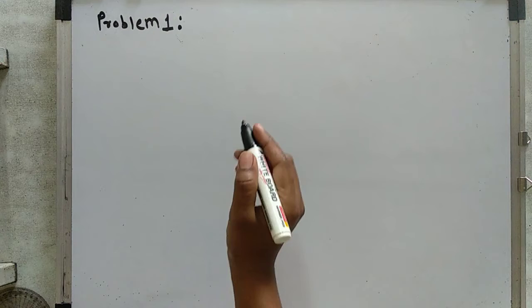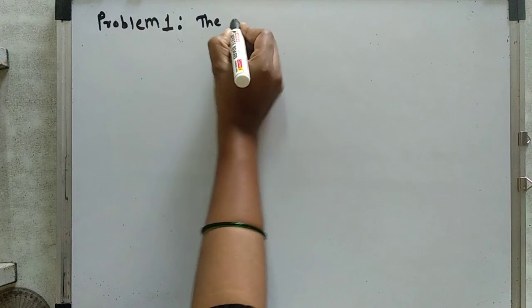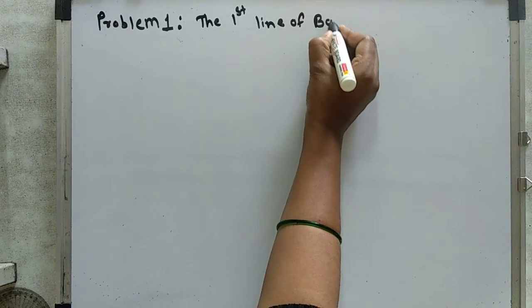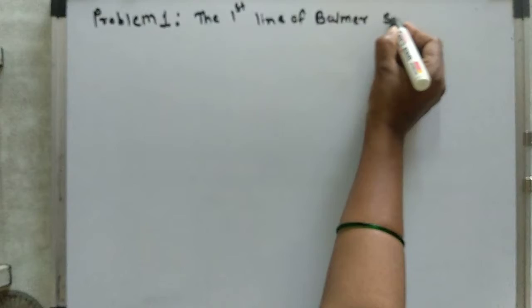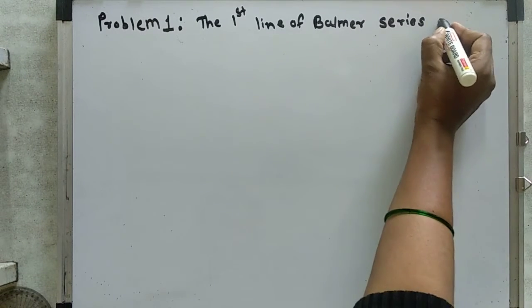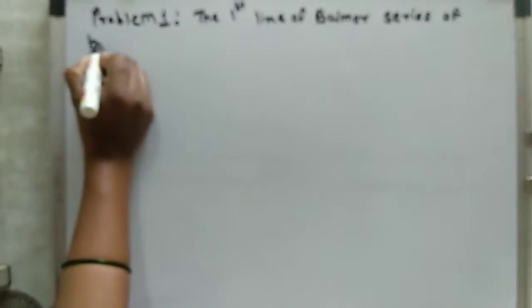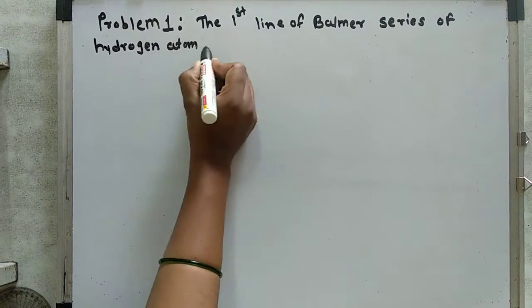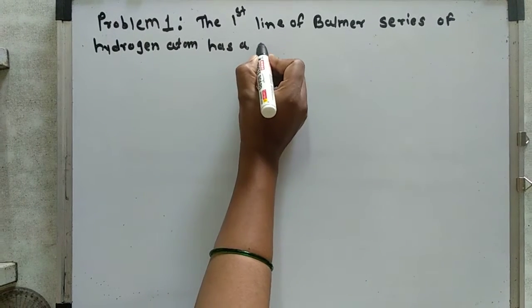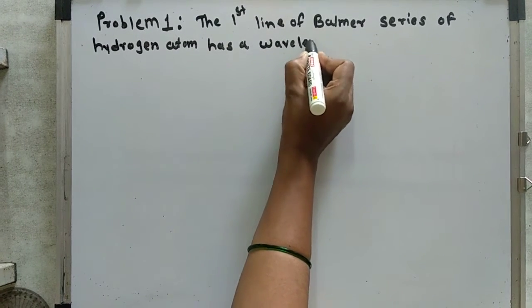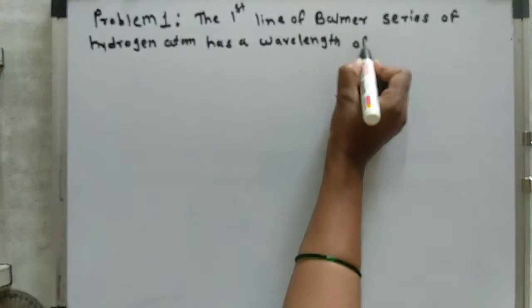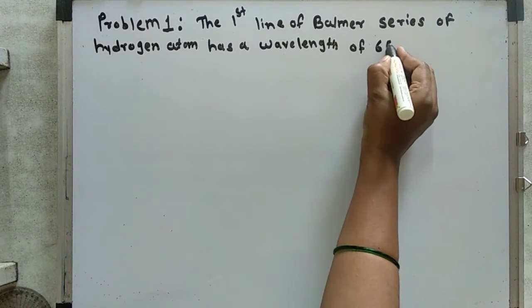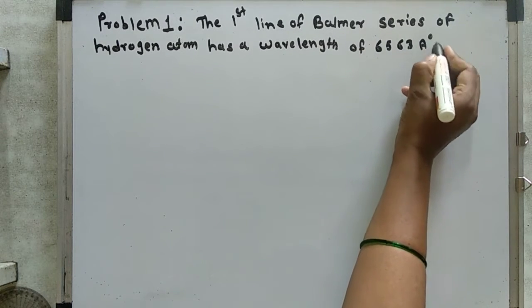First problem: the first line of the Balmer series of hydrogen atom has a wavelength of 6563 angstrom.